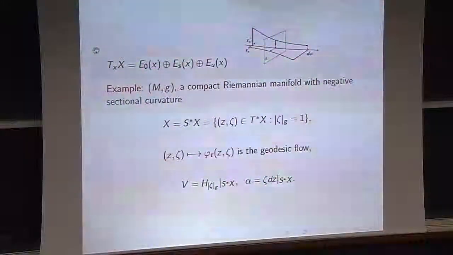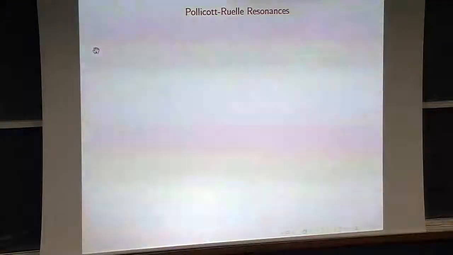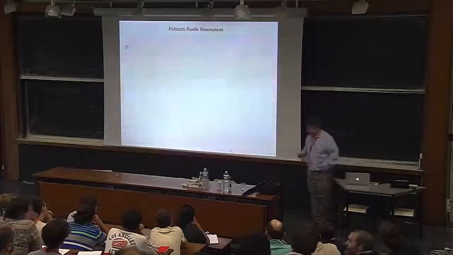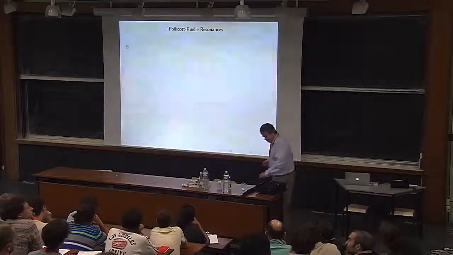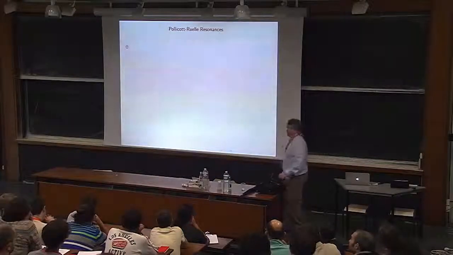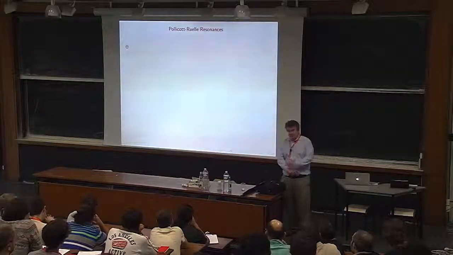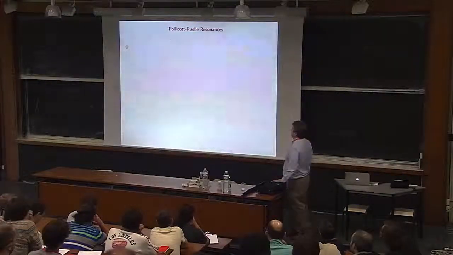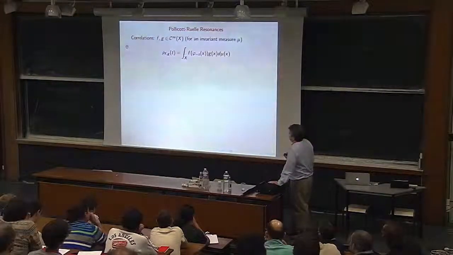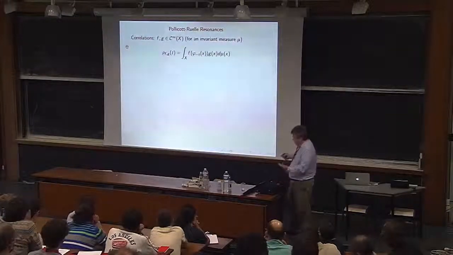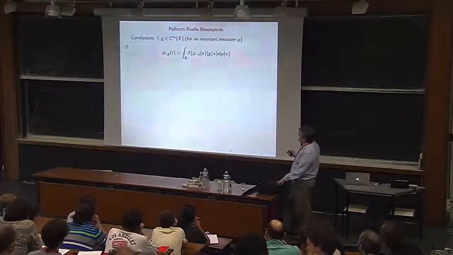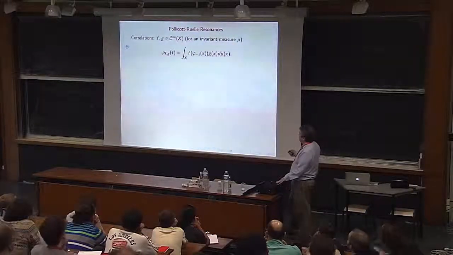Now, the Pollicott-Ruelle resonances, which, for those who have ever seen this, are the dynamical analog of quasi-normal modes for black holes, are defined through correlations of the flow. So what is a correlation? Correlation means that I take two functions, which are, say, smooth, though they could be less regular.